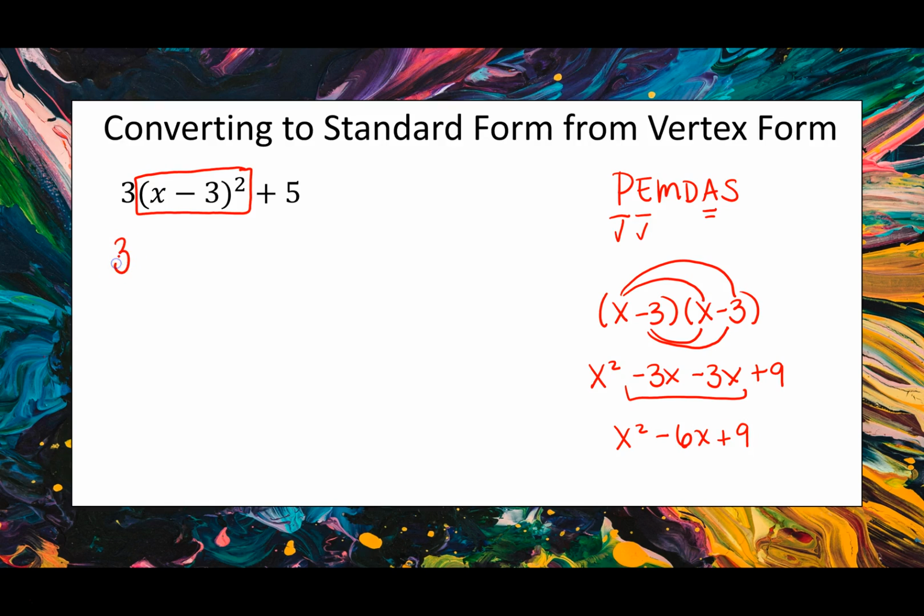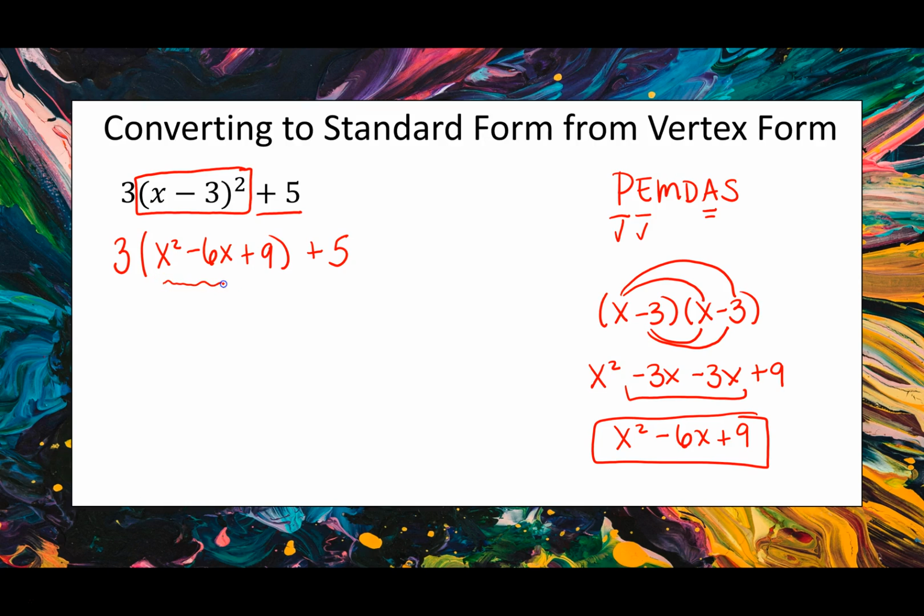So what I'm going to do now is basically rewrite everything. I'm going to rewrite my 3, but instead of writing what I have in this red box, I'm going to write what I have in this box here because those are equal. So I have an x squared minus 6x plus 9. And then don't forget about the plus 5 here. All I've done is rewrite. Now, again, I have to look at my order of operations.